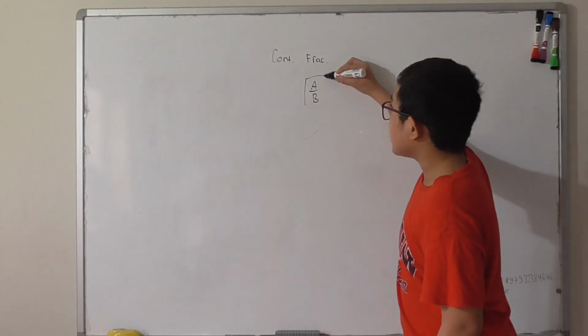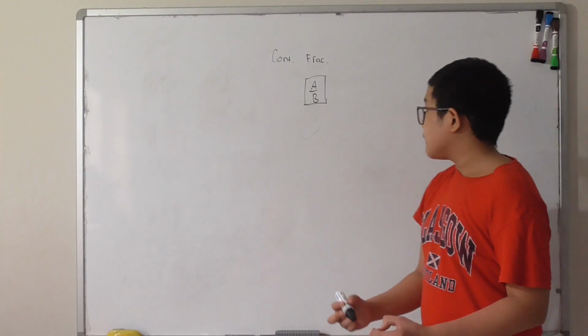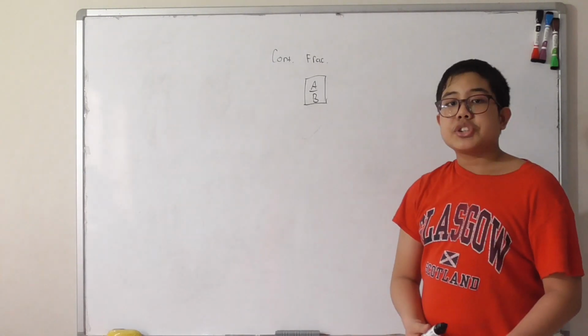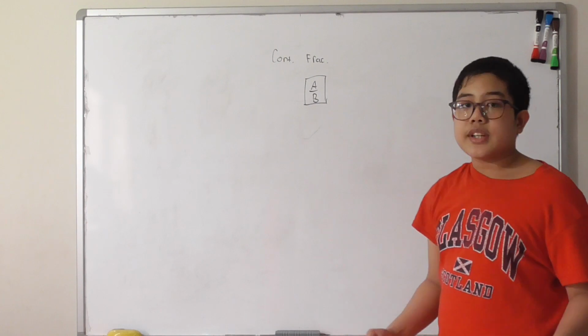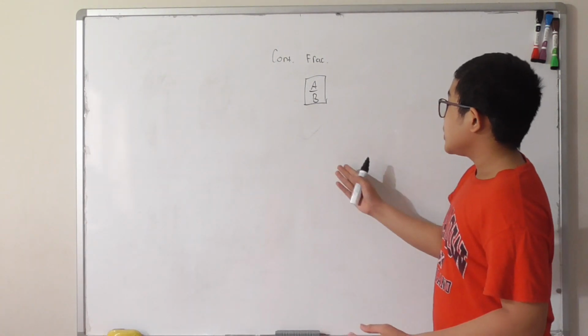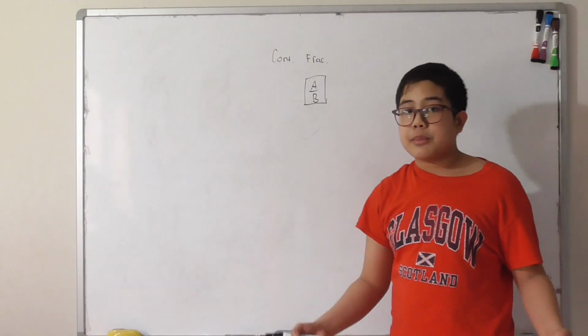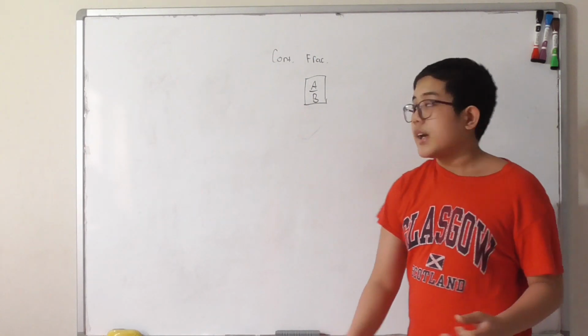This is basically the essence, the heart of a fraction. And then there are many different types of fraction. There is a mixed fraction, a negative fraction, but we're just going to take a look at fraction in general. And basically, a fraction can express all rational numbers. In fact, they're called rational numbers because they can be expressed as a fraction.